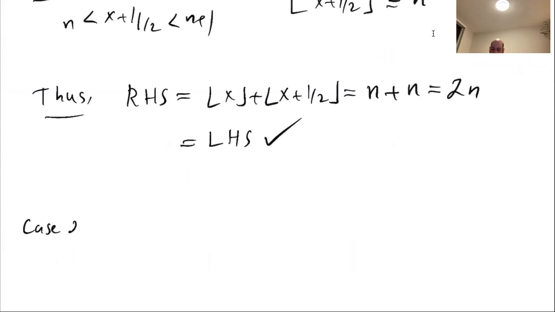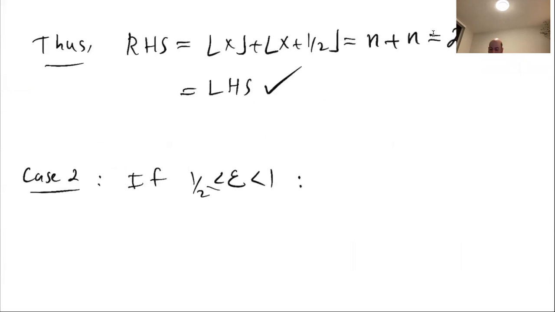So if epsilon is bigger than or equal to 1/2 and less than 1, then what can I say about 2x? Remember x was n plus epsilon. So that means x is bigger than or equal to n plus 1/2 and less than n plus 1, right?